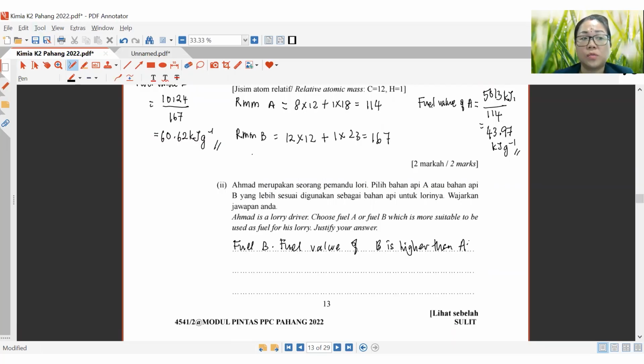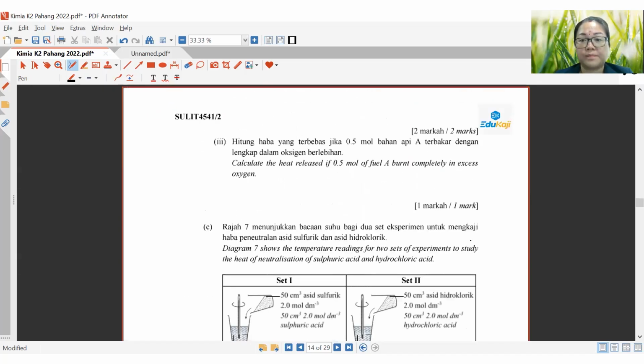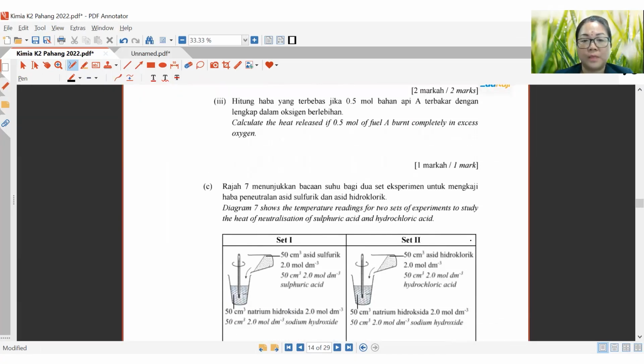We always choose the one that has a higher fuel value, because it is more energy conserving. That means we save up a lot of energy. All right. Okay, 3. Calculate the heat released if 0.5 mole of fuel A burnt completely in excess oxygen.